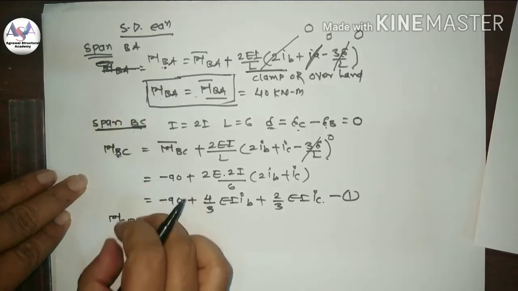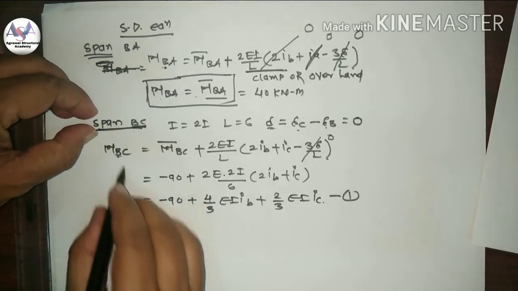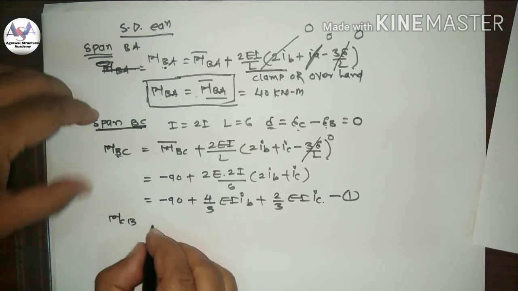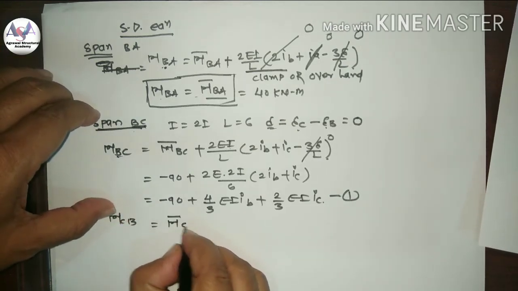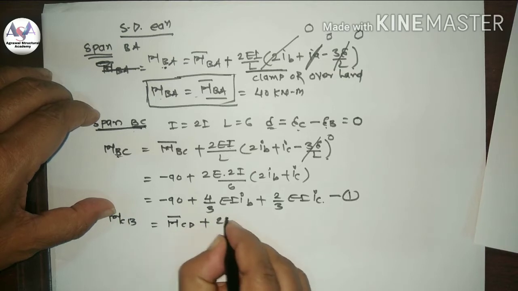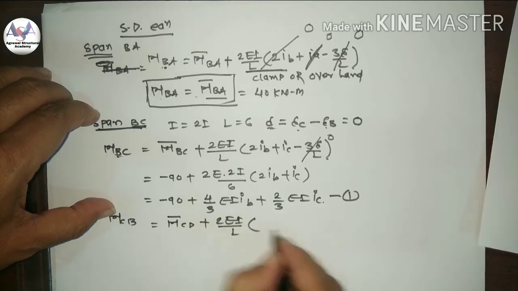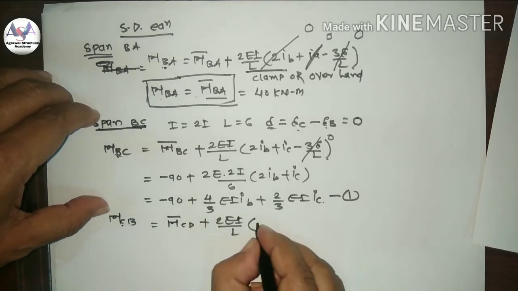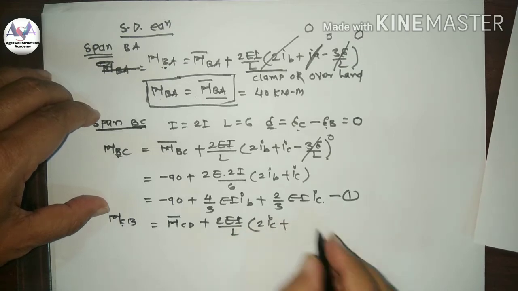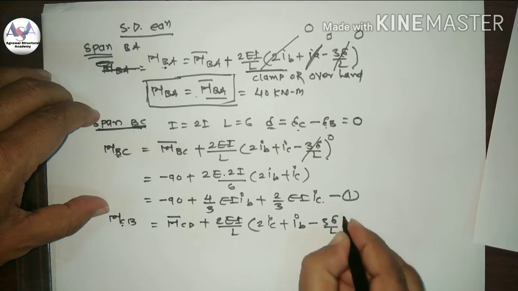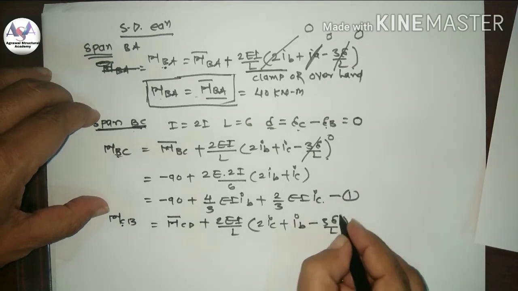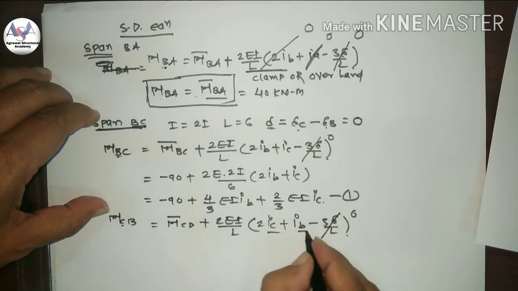Then MCB for this span. For BC span, you write MCB is equal to M bar CB plus twice EI by L. Now starting point is C, so twice IC plus IB minus 3 delta by L. So we know delta is 0. These are the unknown displacement.